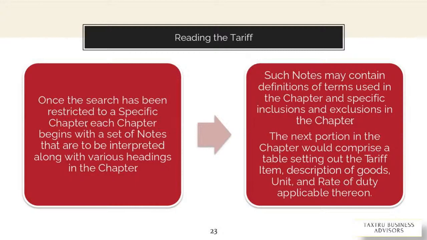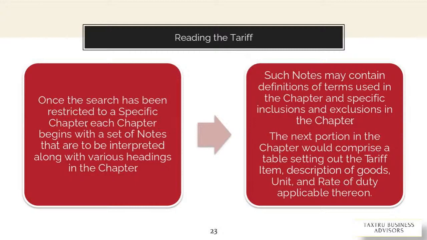The definitions of these words, not necessarily but sometimes, are given in the heading itself. They start with chapter notes, or with the section heading, in which they say that these words are being used in this heading and the meaning of these words is this. And sometimes they also explain the HSN, saying that this particular item will not be included in this tariff.